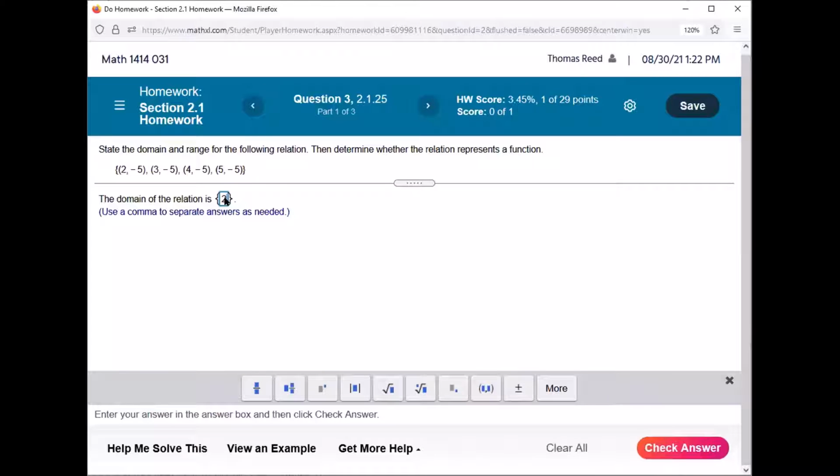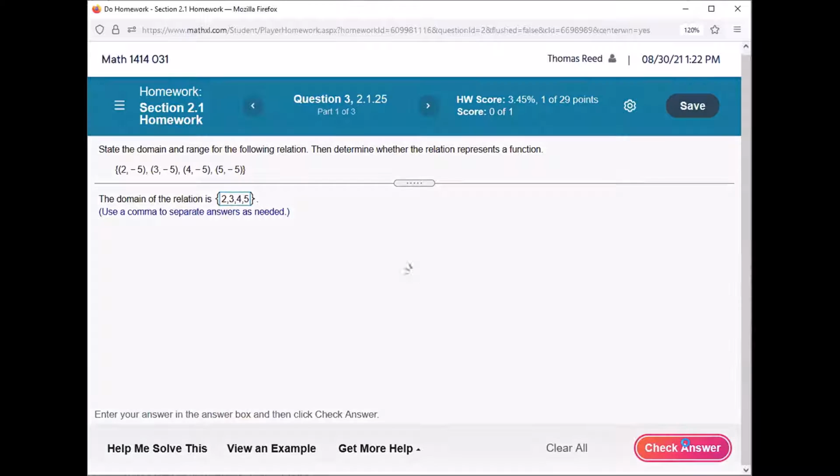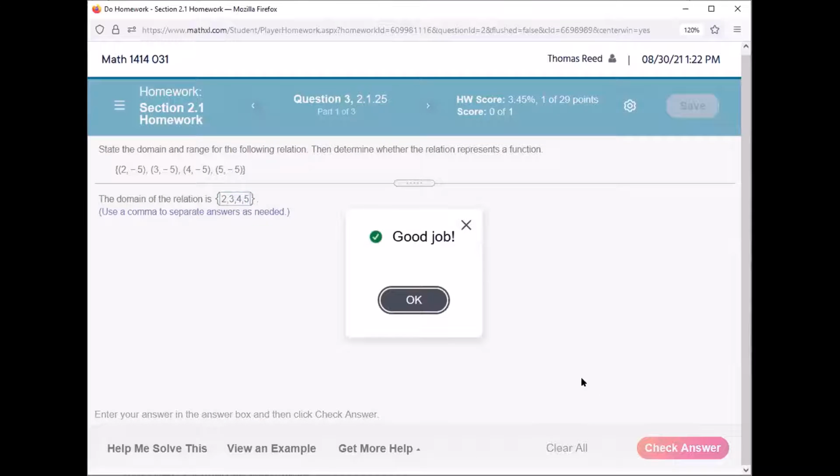So we have 2, 3, please notice I did not put spaces in. 4, 5. Oops, 5, not a 6. And since they already provided the braces, I don't need to type in the braces. And hopefully it says good job.